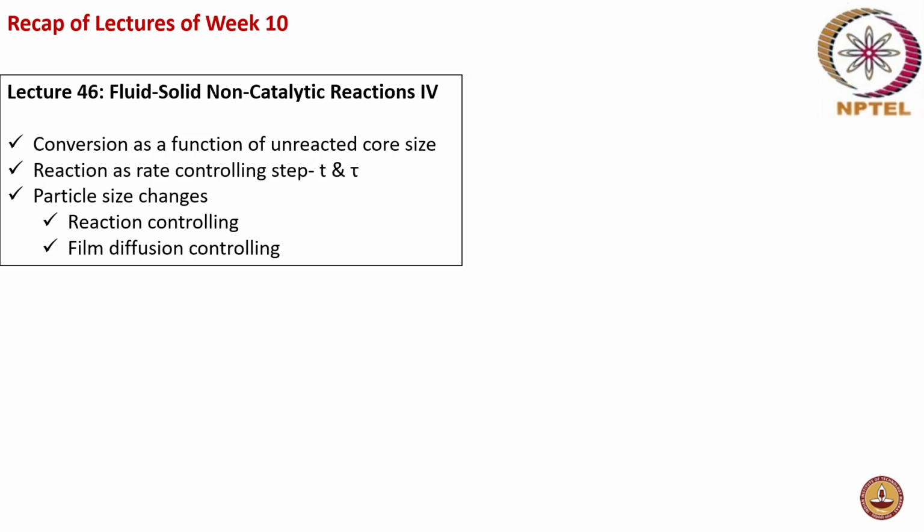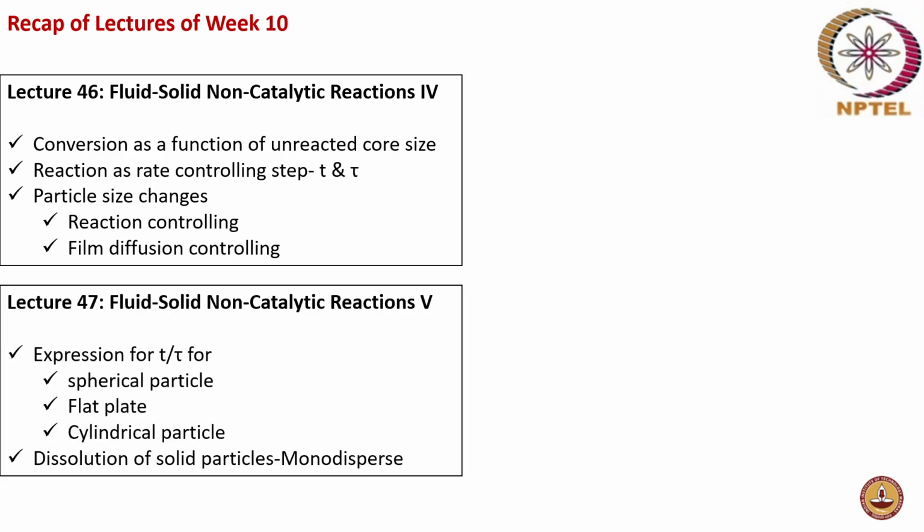This was followed by a discussion on reaction rate controlling and film diffusion controlling when the particle size changes, that is, when particles shrink. This was followed by lecture 47. In lecture 47, the expression for t by tau for a spherical particle, flat plate and cylindrical particle for the shrinking core model was discussed.